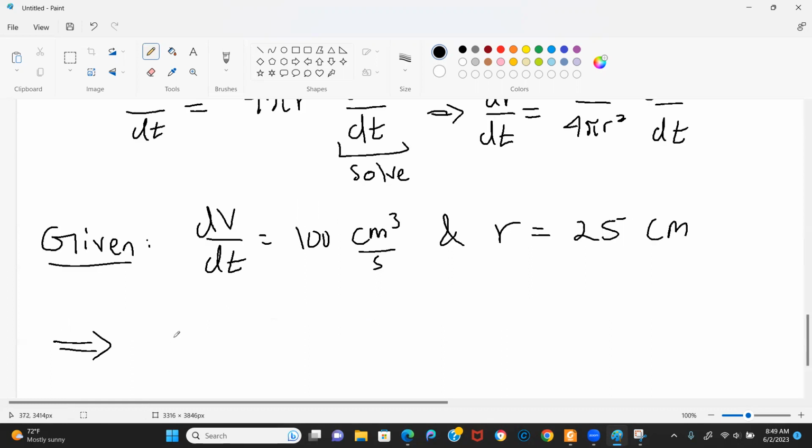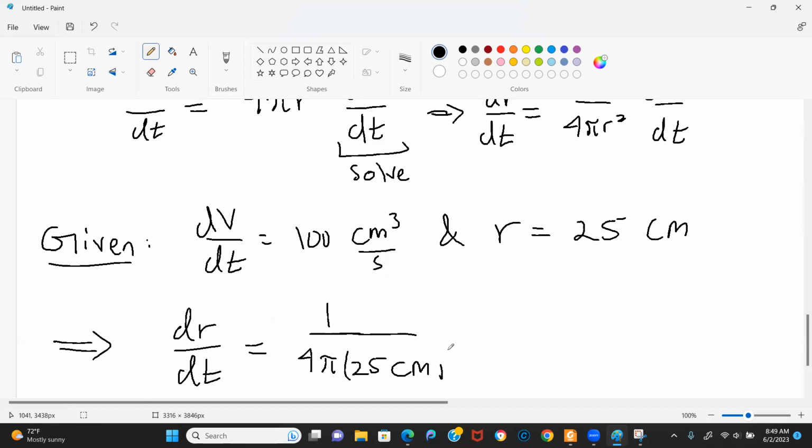So when we plug everything in, we get that dr/dt, the rate at which the radius is changing, is 1 over 4 pi times r squared, so 25 centimeters squared, times 100 cubic centimeters per second.